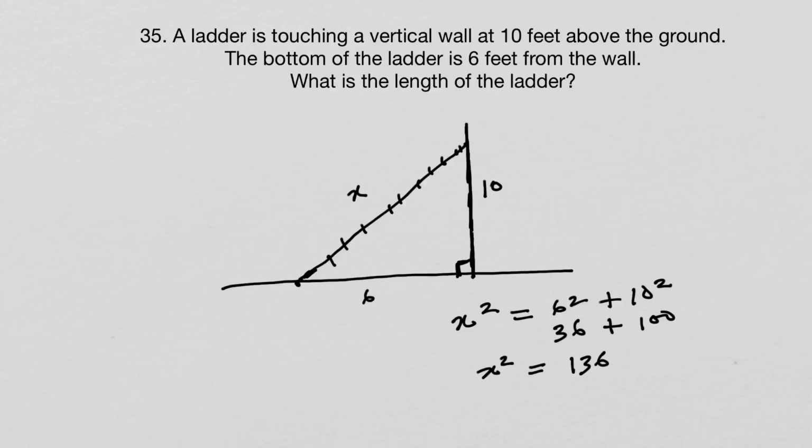To solve for x, we will find the square root of both sides. The square root of x squared is x. The square root of 136 is 11.66. So the length of the ladder is 11.66 feet.